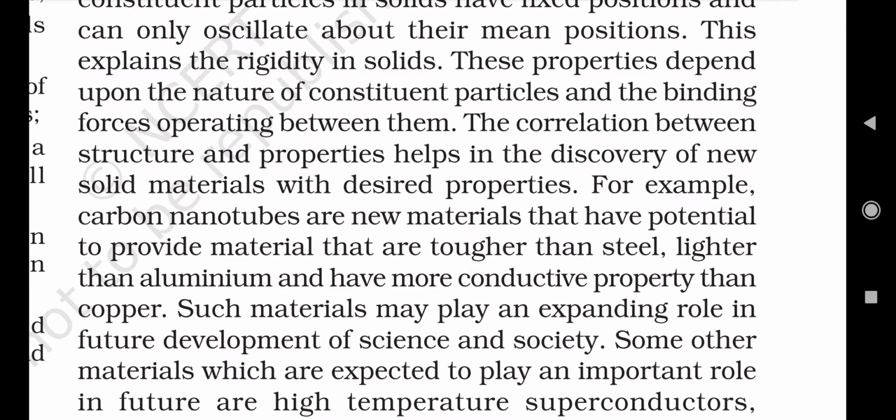Steel is a tough material, and carbon nanotubes are even tougher. They are lighter than aluminum, and copper is a conductor but they are good conductors. So we got a material, carbon nanotube, that has all the desirable properties just by changing the structure and choosing the right material.